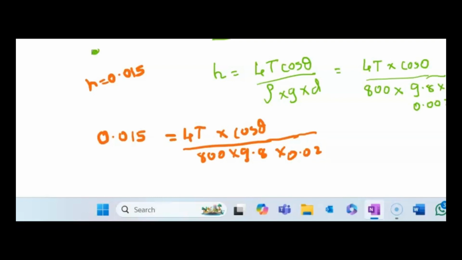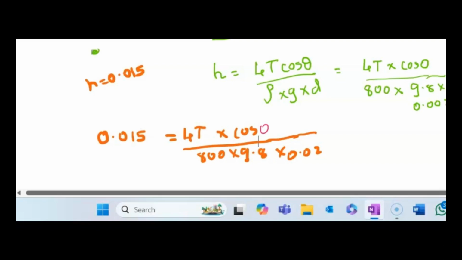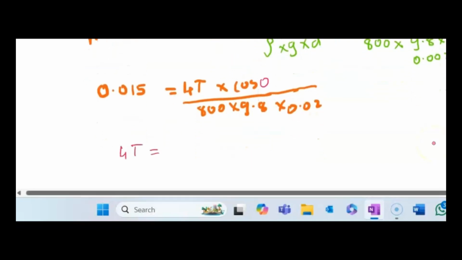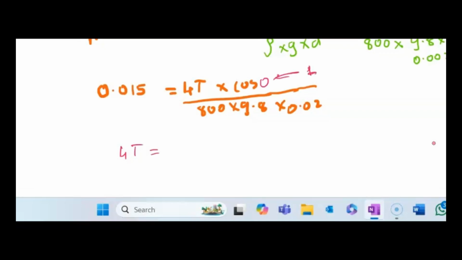Now here theta is 0 degrees. Since theta is 0, I'm writing cos 0. Now solve with regular algebra. 4T is equal to cos 0, which is 1, a trigonometric relation.